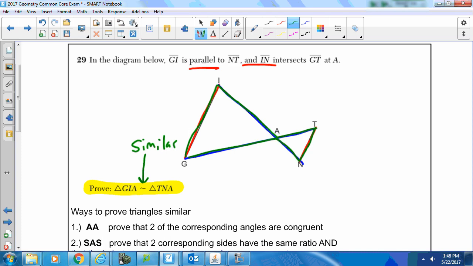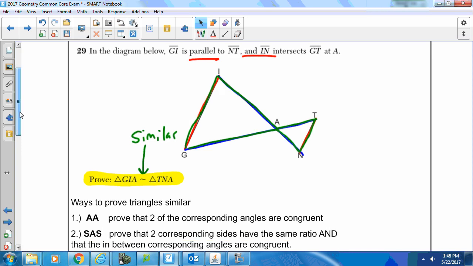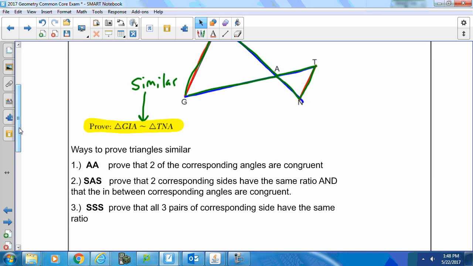Now, there are two ways, or actually three ways, that we talked about proving triangles similar. Three main ways. So I want you to write these down. If you can prove that two of the corresponding angles are congruent, that's known as AA, or angle-angle. SAS, side-angle-side, we talked about that.